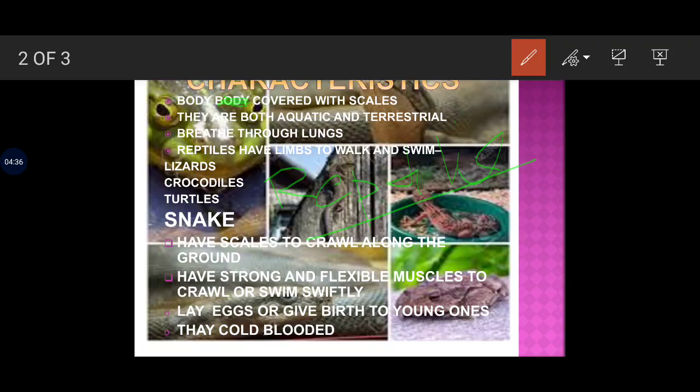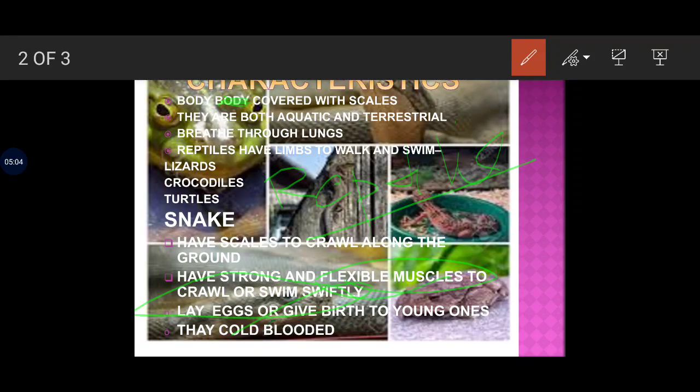For example, lizards, crocodiles and turtles have limbs with which they can walk on land. Snakes have scales to crawl along the ground. They have strong and flexible muscles to crawl and swim swiftly, because you will see the change in body movement and position which happens because of these strong, flexible muscles.